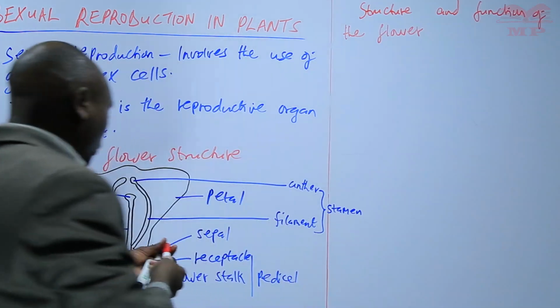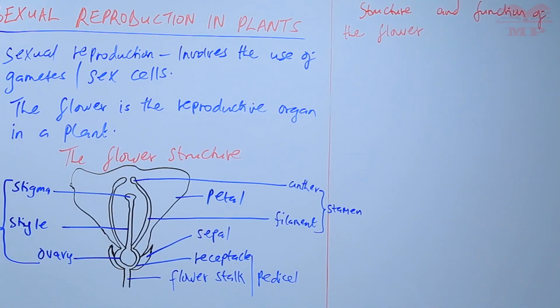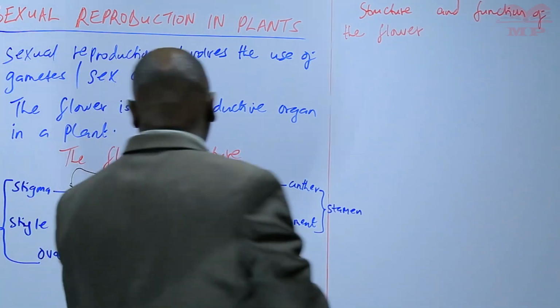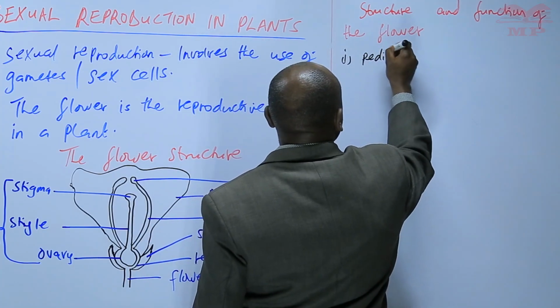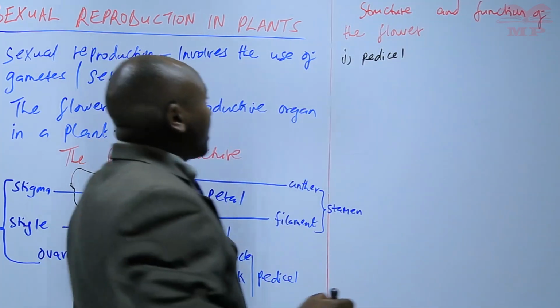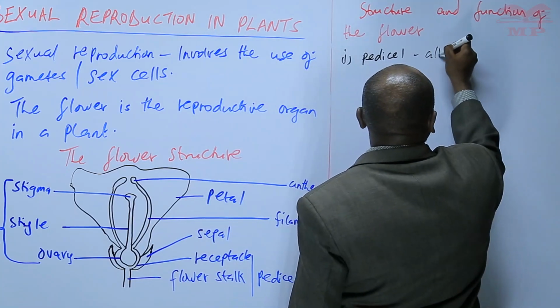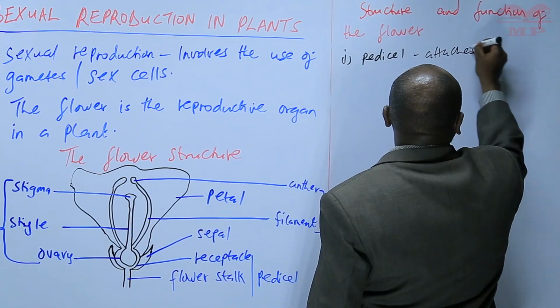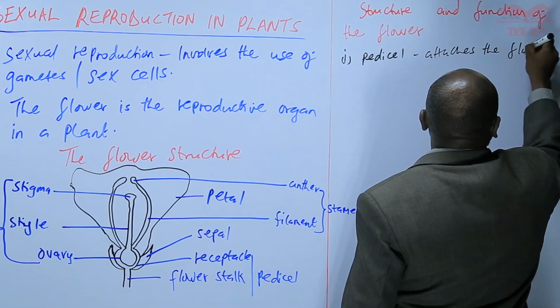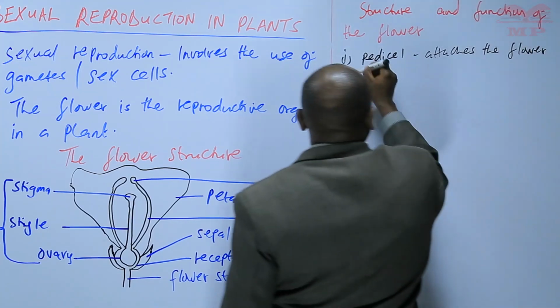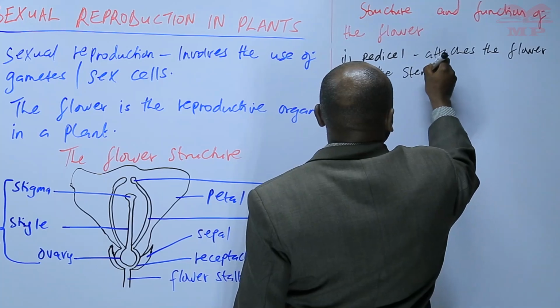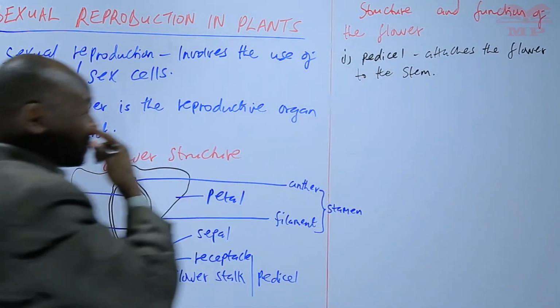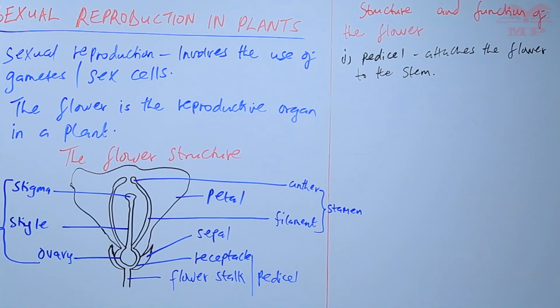Structure and function of the flower. We've already mentioned the pedicel, starting from the bottom, or the flower stalk. This one attaches the flower to the stem. That's the point at which the flower is attached to the stem.